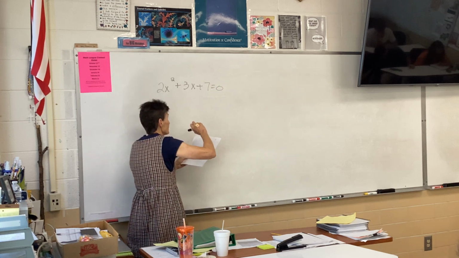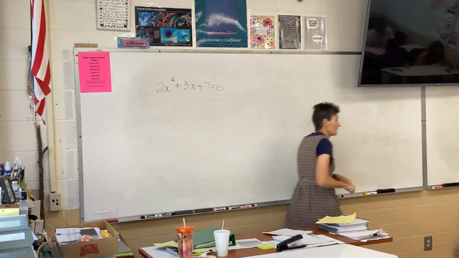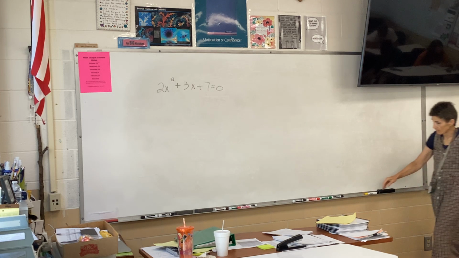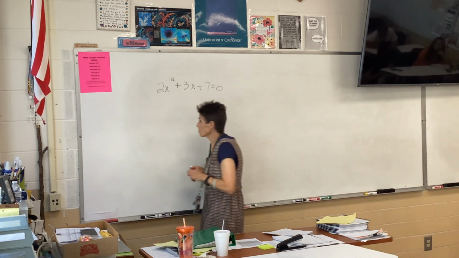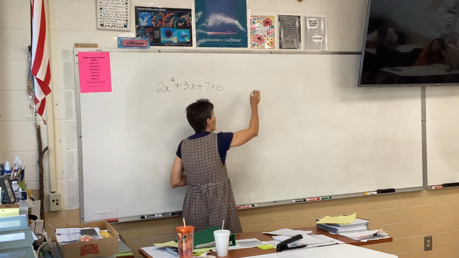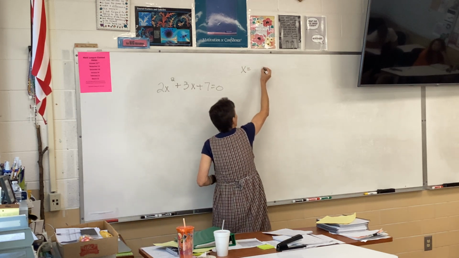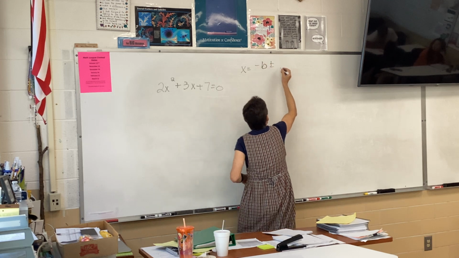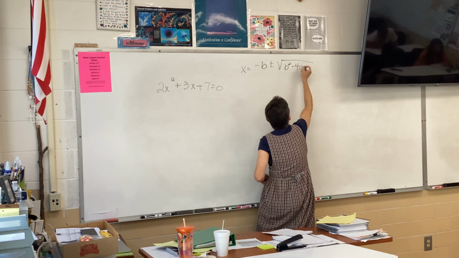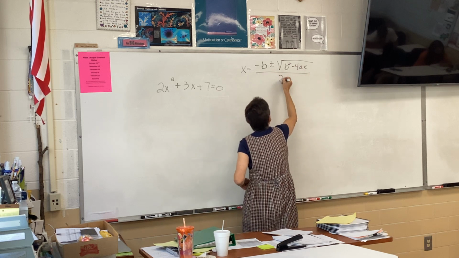And the directions say use the quadratic formula. Okay, let's get that on the board. Who remembers from yesterday or whatever day we did this? What is the quadratic formula? X equals negative b plus or minus the square root of b squared minus 4ac, over 2a.